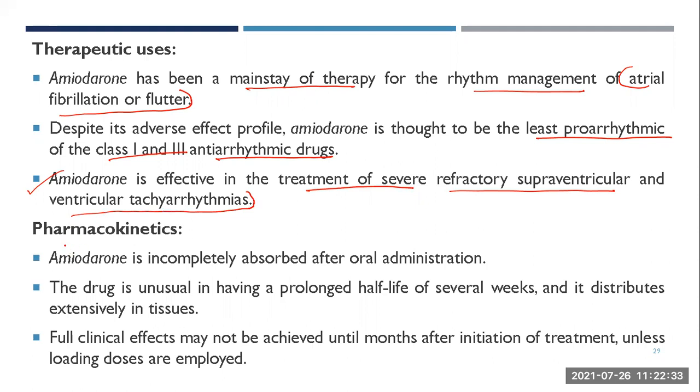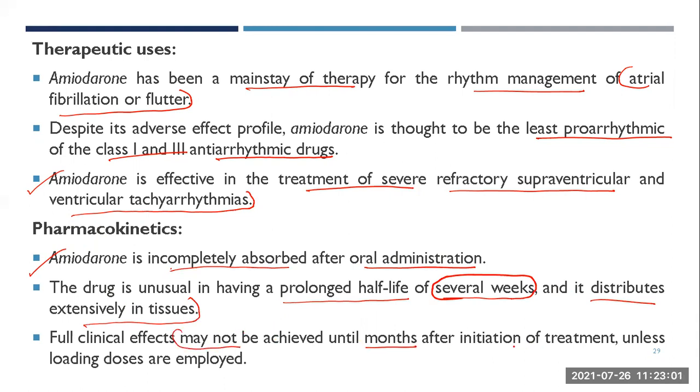Okay, so the pharmacokinetics: amiodarone is incompletely absorbed after oral administration. The drug is unusual in having a prolonged half-life of several weeks. This is very important, and it distributes extensively in the tissues. Okay, so the full clinical effects may not be achieved until months after initiation of treatment unless loading doses are employed.